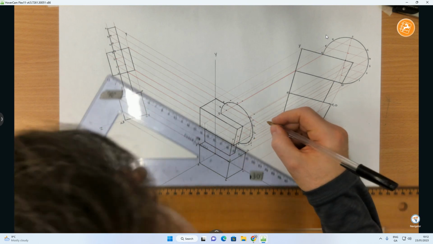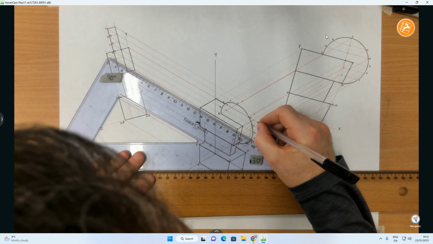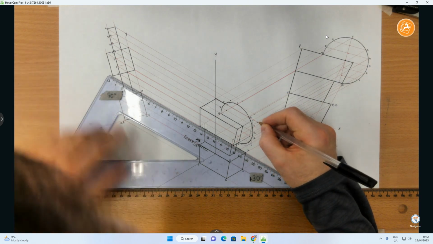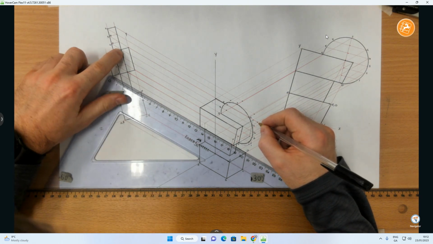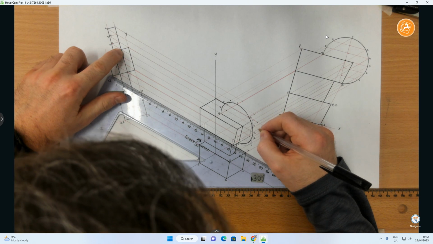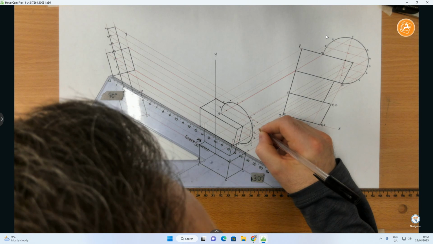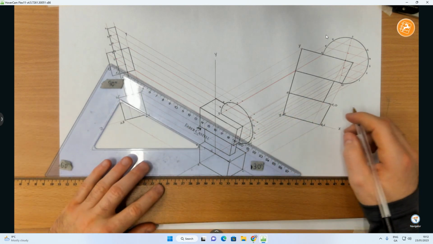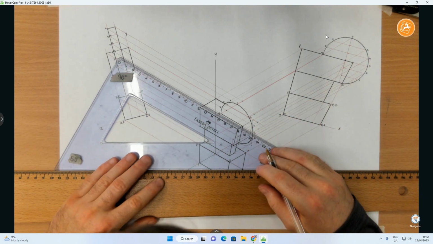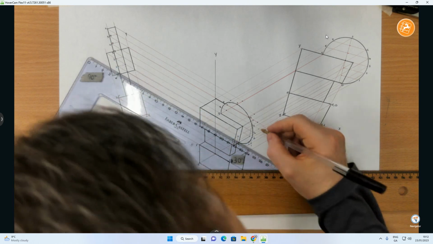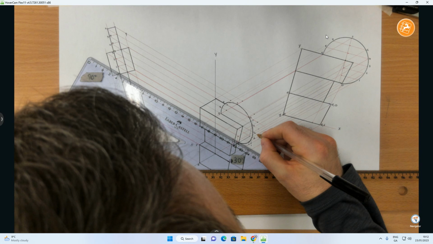Now I want to find the one opposite the 4, which is most likely going to be this one. Yep. I want to find the one opposite the 3, which is going to be this one, next one down. If I follow that down, yep, that's going to be there. I want to find the next one now that is going to be opposite the 2. Yeah, it's going to be right here.